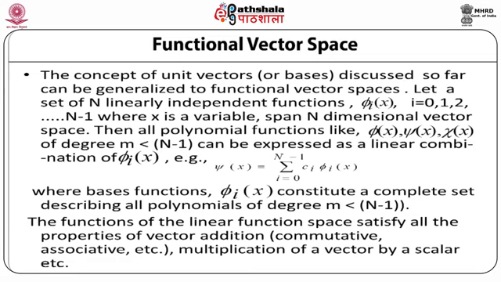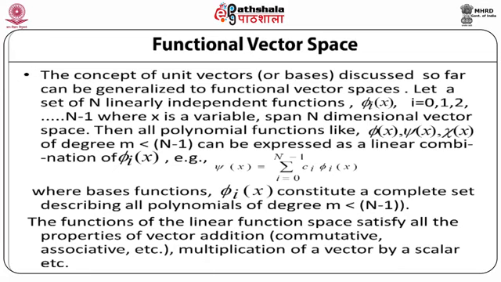Then we also have the null identity. That means that if we have a function phi(x) and a null vector 0, then 0 plus phi(x) is equal to phi(x) plus 0 is equal to phi(x). We also have that these functions satisfy the multiplication of a vector by a scalar, which means that they are distributive.